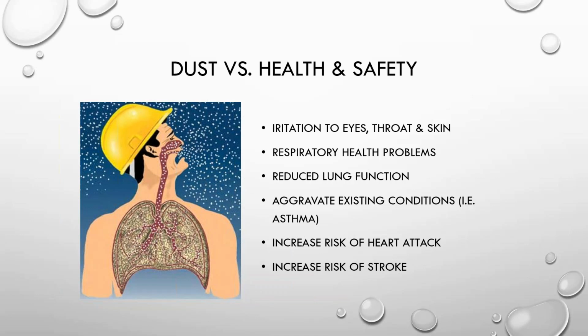Long-term exposure to high levels of respirable crystalline silica can also lead to an increased risk of developing lung cancer. Other health implications can include, and are by no means limited to, reduced lung function, aggravated asthma and other chronic lung conditions. In rare cases, particles may also increase the risk of heart attacks and strokes in susceptible people.